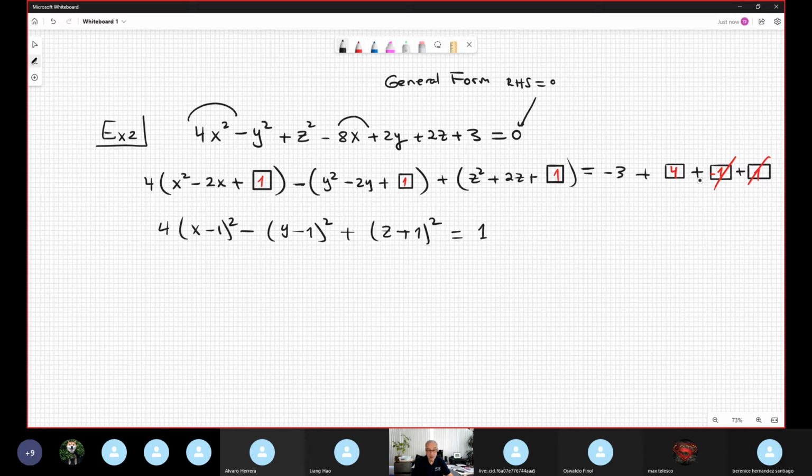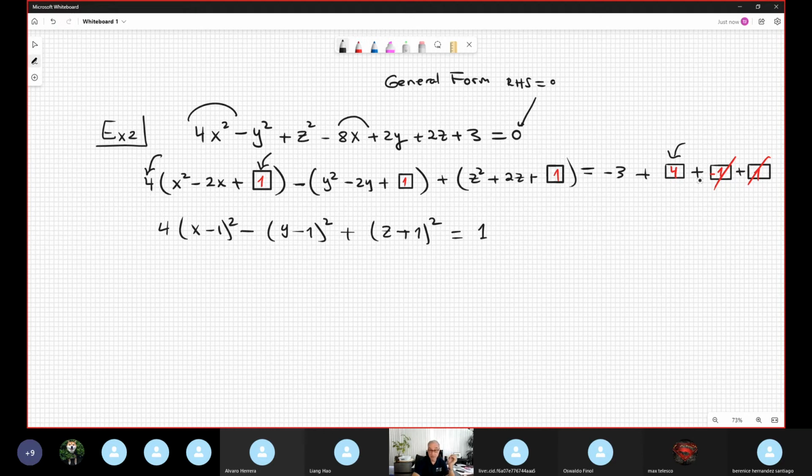Now this moment is ready. Right-hand side 1, nice. Now the identification: actually, the first one is not 1, it's 4, because you have this multiplier, 1 times 4 is 4. Guys, this is called algebra, okay?